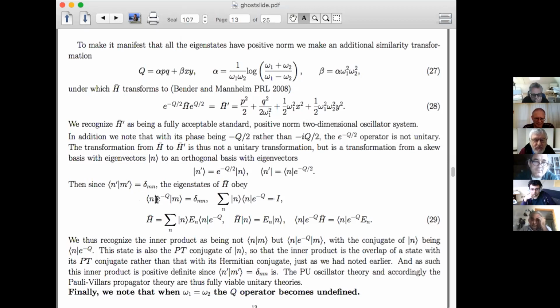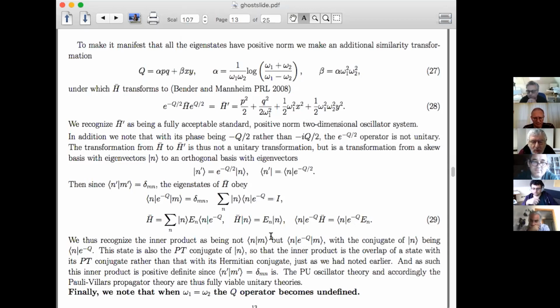And therefore, we found an inner product which is positive definite. If you check back and ask what are the eigenstates, we find that the right eigenstate of the Hamiltonian is n, the one we just introduced, but the left eigenstate is n e to the minus q.